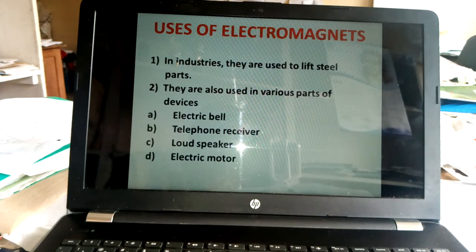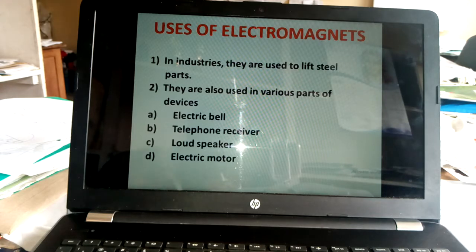In industries, they are used to lift steel parts. Maybe there is a heap of scrap materials, a big heap. So the bulldozer at the end of its lever system is fitted with an electromagnet that can attract steel materials and separate it from the rest of the garbage.